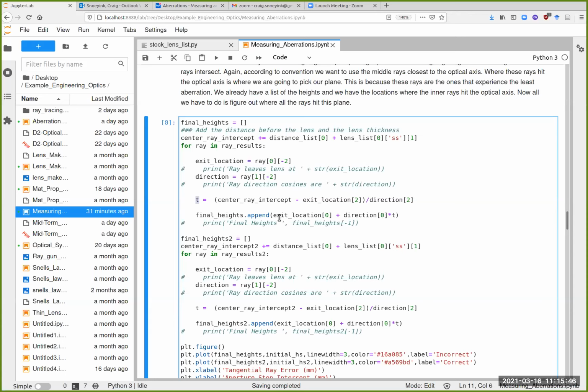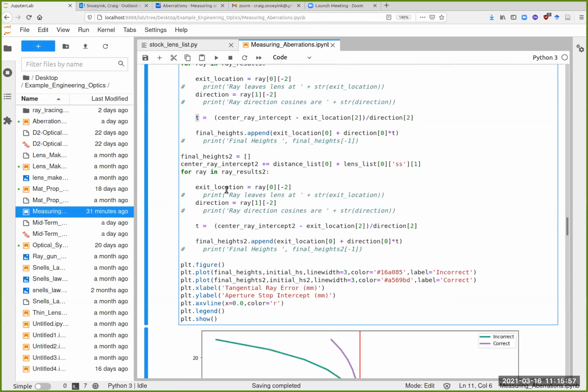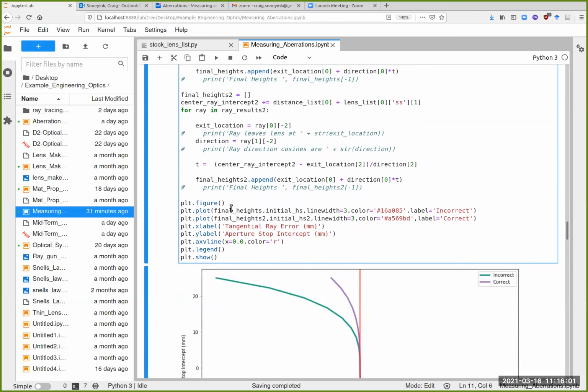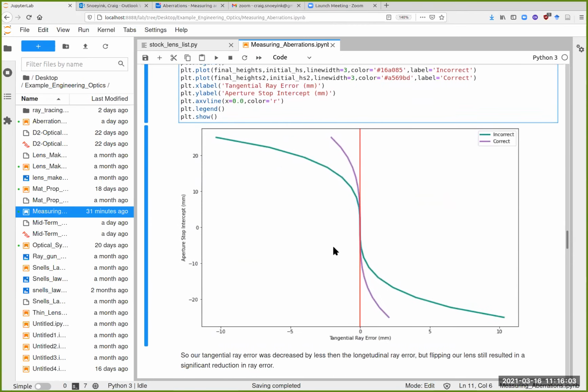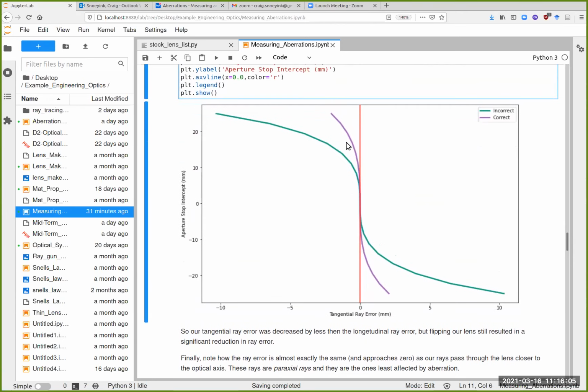And then we add that to the height at which it exited the lens, and that gives us our final height. We do that for both of our lens orientations at once. We plot both of them, and we can see that our flipped lens has obviously less than half as much tangential ray error as well.